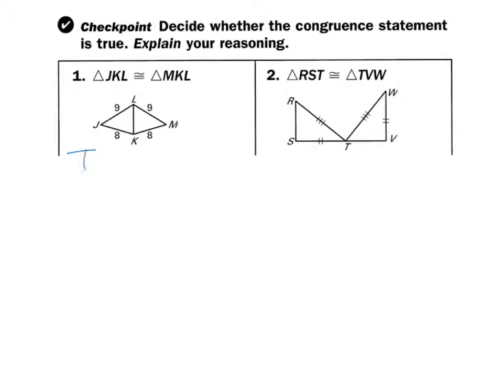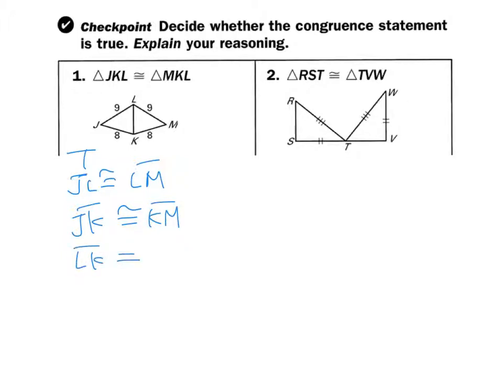In this case, it's true because JL is obviously congruent to LM because they're both 9, and JK is congruent to KM because they're both 8, and LK is congruent to LK, and that's the reflexive property, and therefore triangle JKL is congruent to triangle MKL.